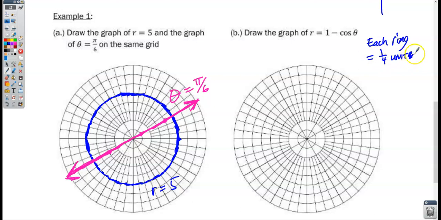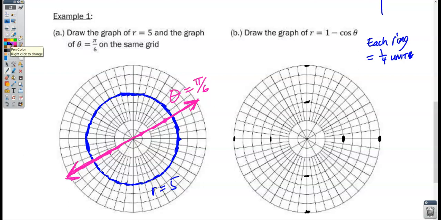I'm going to put some black marks on here, that's 1, 1, in all the directions. The darker marks mark 1 and 2, the rings that represent 1 and 2 units in this graph.